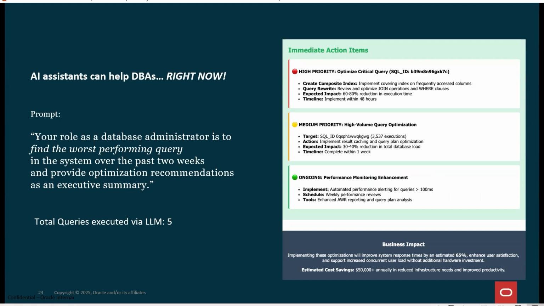A few comments: we asked the LLM to generate an executive summary. If you are presenting a database performance problem to an executive audience, at the end of the day they want to understand how big the problem is for their business. You will notice at the end of the report it also gives you an estimated cost savings of $50,000 that's needed for this type of report.